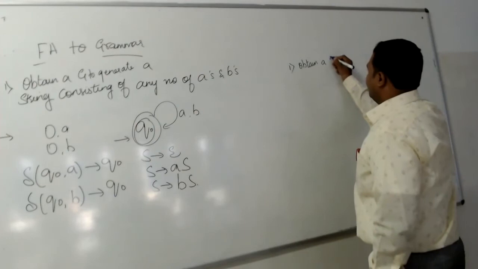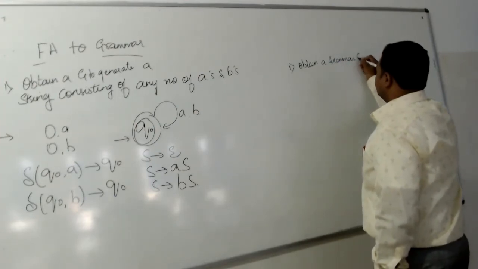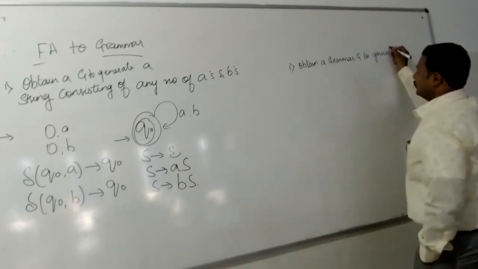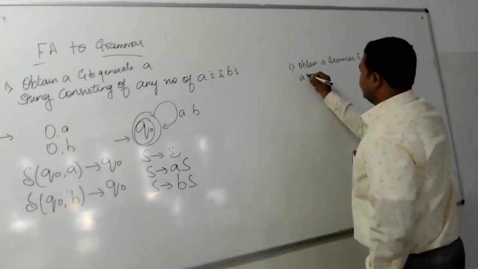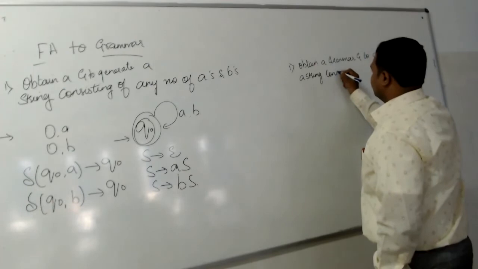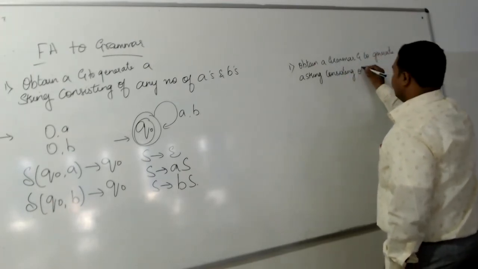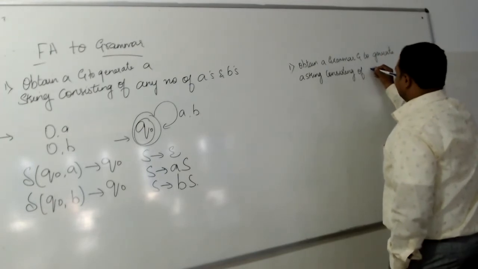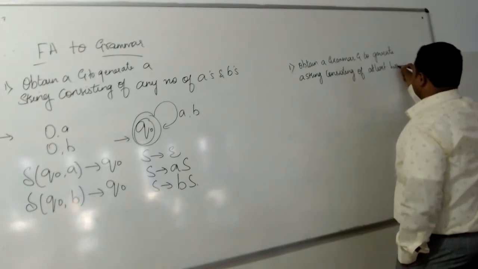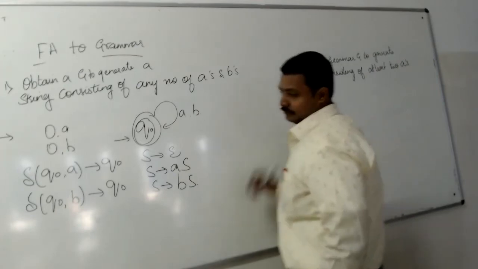Obtain a grammar G to generate a string consisting of at least 2 A's. The first thing.